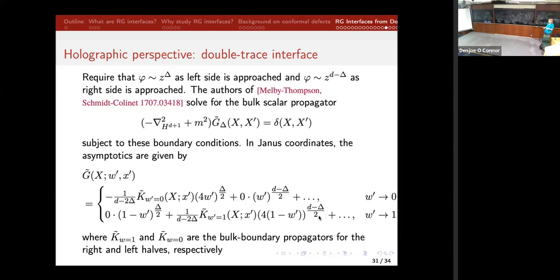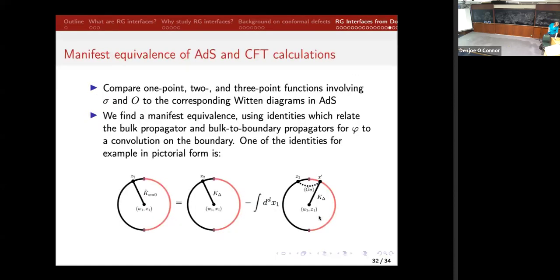So essentially what we did was look at this K tilde and try to understand, if we compare calculations using Witten diagrams of different, say, 1-point functions, a 1-point function in the CFT should correspond to a tadpole Witten diagram.